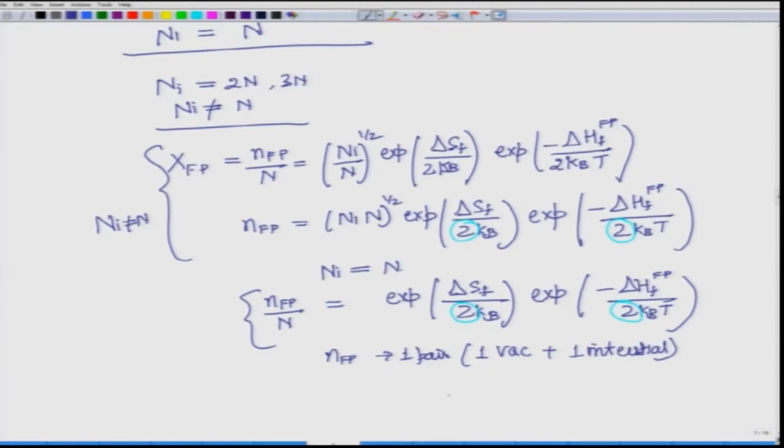So, delta HF actually represents here the formation of vacancy plus the formation of interstitial, not directly in this relation, but this is just to show that delta H Frenkel pair is the formation of one vacancy plus one interstitial. So, this is the average of those two values, which is represented by delta HF Frenkel pair by 2, and that is where this factor 2 is arising from.